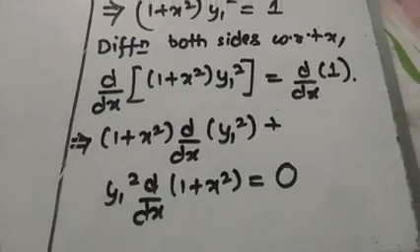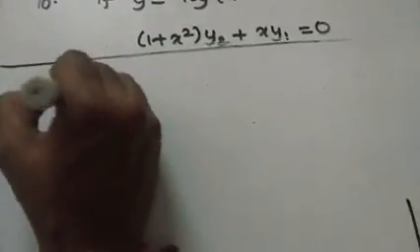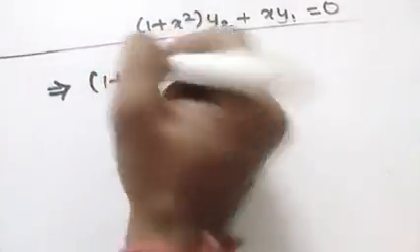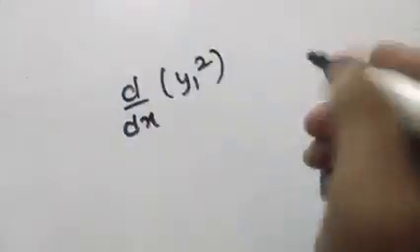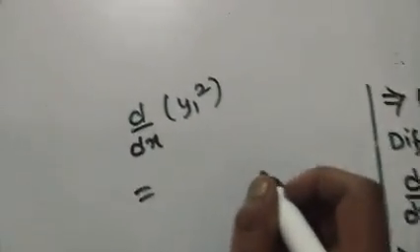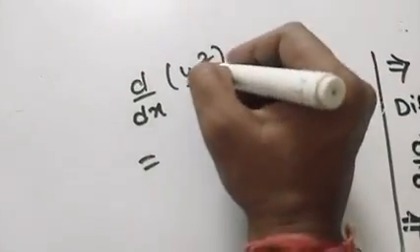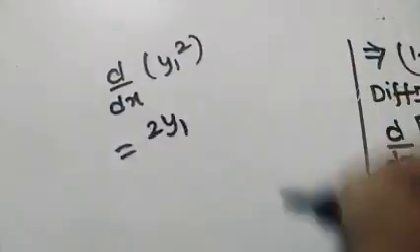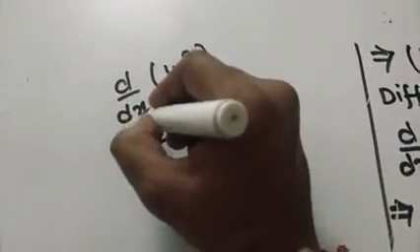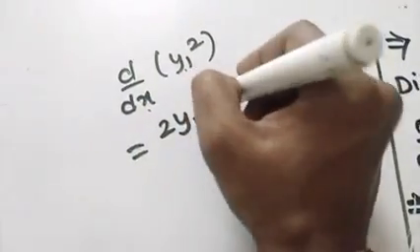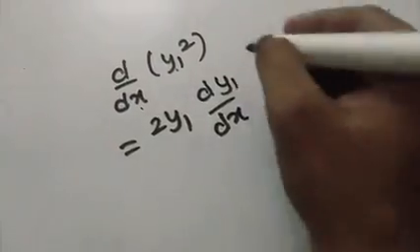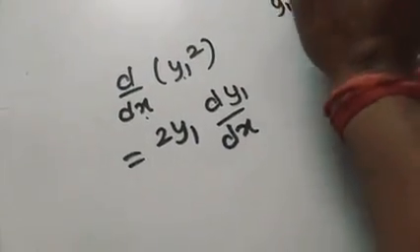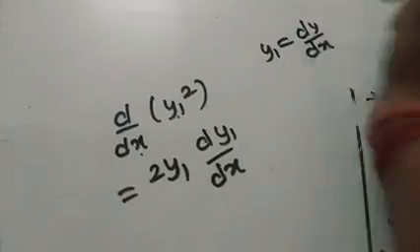Now after that, 1 plus x square. Now be very careful about this expression. What was there? d/dx of y1 square. What is the differentiation of x square? 2x. So for y1 square it is 2 y1, but this is y1, this is x. These two are not the same, so we need to differentiate further. Now what is y1? We know that y1 is nothing but dy by dx.